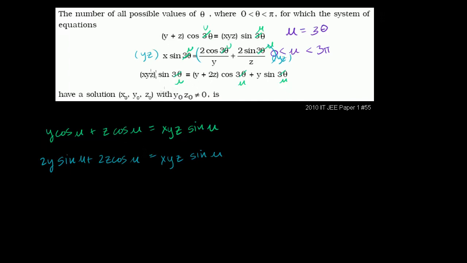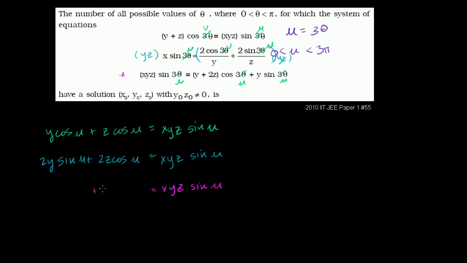Now let's think about this one. This has an xyz sine of u. I'll do it in magenta, this equation. xyz sine of u, I'll write it on this side. xyz sine of u is equal to, let's see, we have a 2z. Let's distribute this cosine of u. We have a 2z cosine of u.